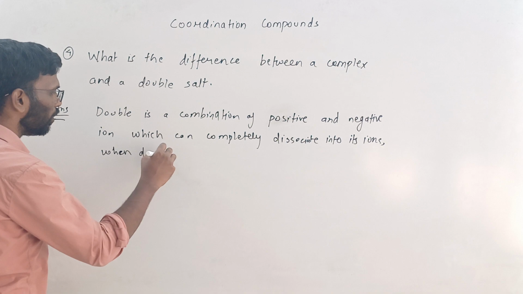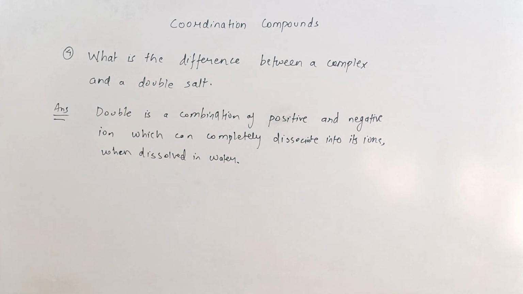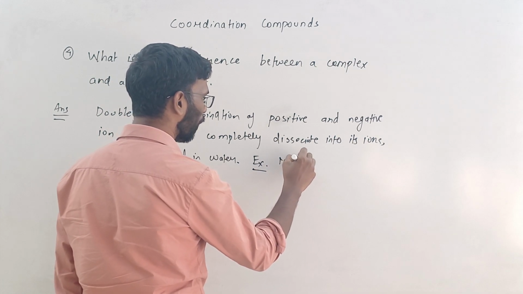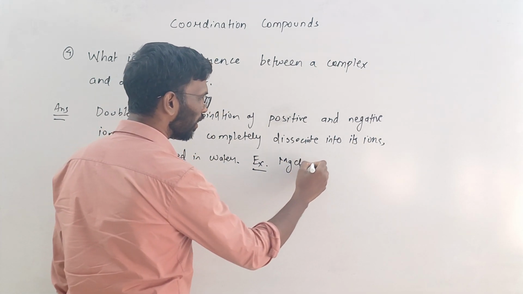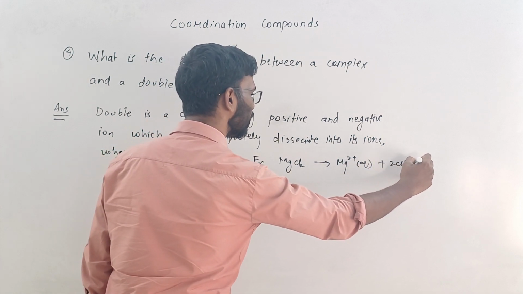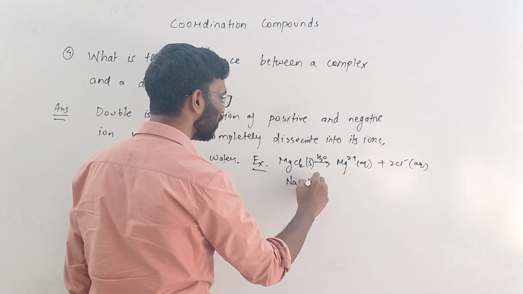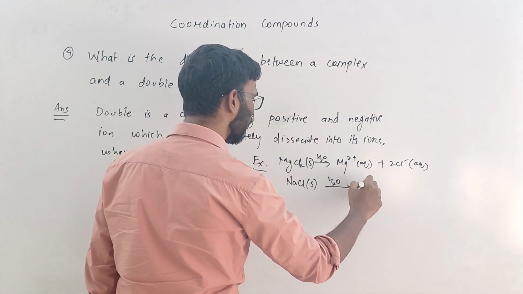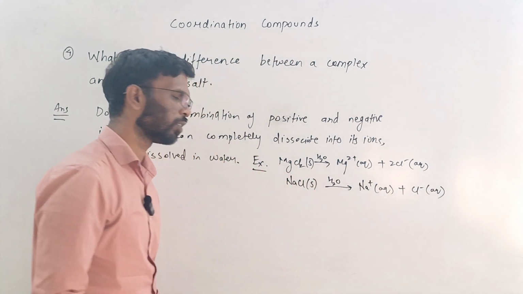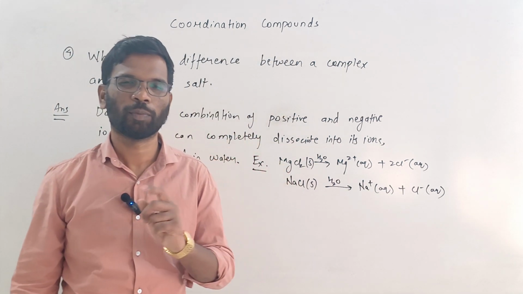For example, MgCl2: you put this solid into water, you get Mg2+ aqueous and 2Cl- aqueous. You take solid NaCl, put it into water, and you get Na+ aqueous plus Cl- aqueous. This is the meaning of a double salt.